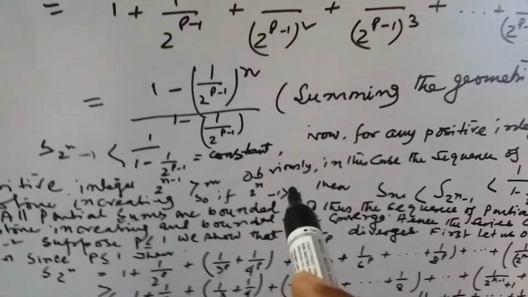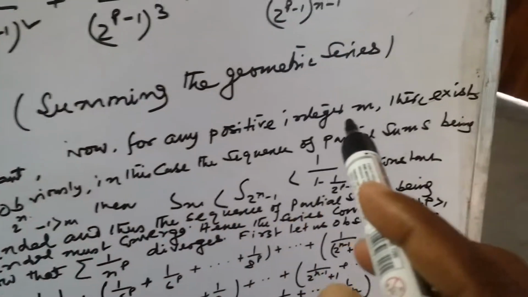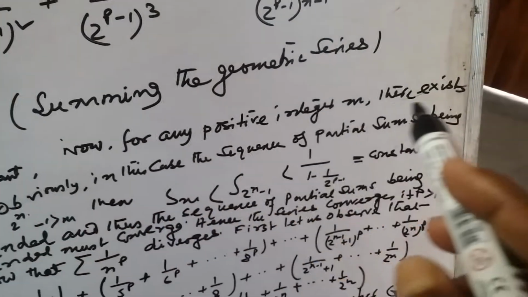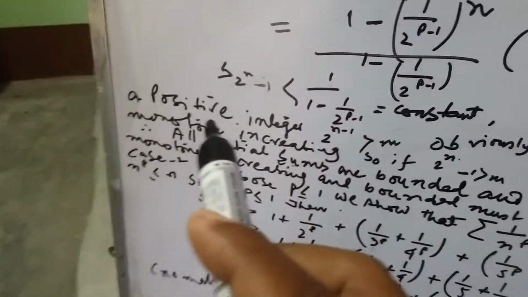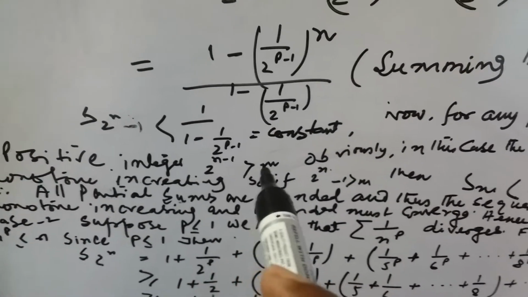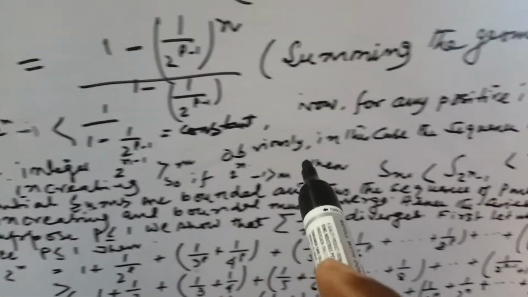So this is constant. Now for any positive integer m, there exists a positive integer n such that 2 to the power n minus 1 is greater than m.